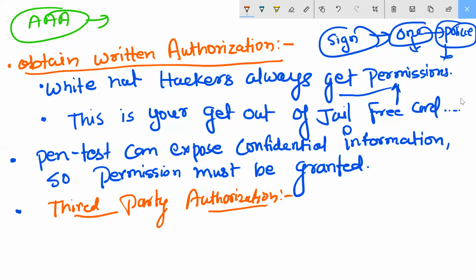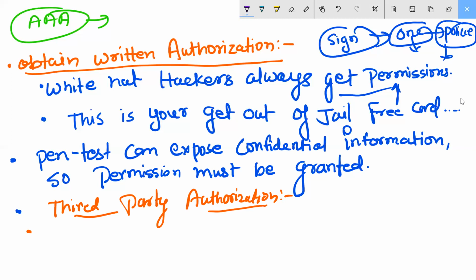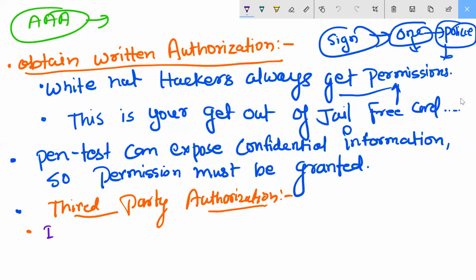See here, servers and services are hosted in the cloud.